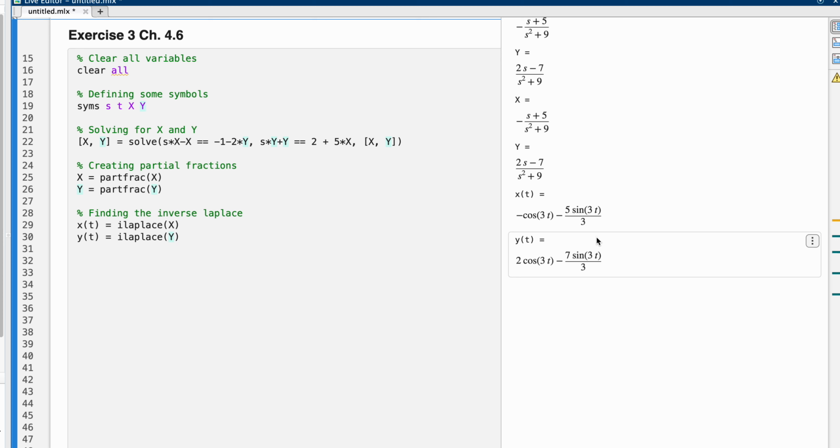And now we look for the y part. In the y, we have 2 cosine of 3t. And now here, I'm supposed to have 7 over 3. I had 5 over 3. So that also may have been a mistake on my part. So now what do you do?